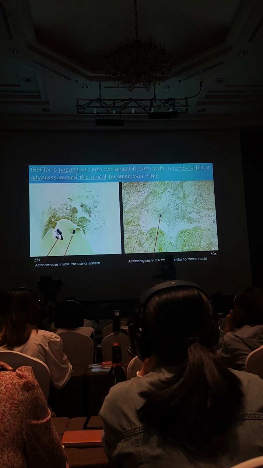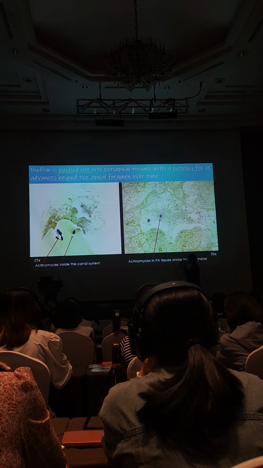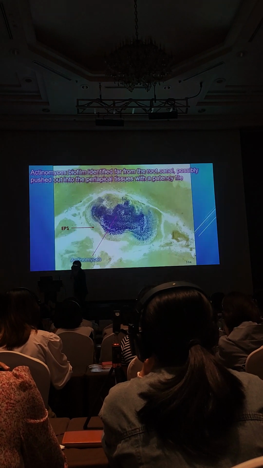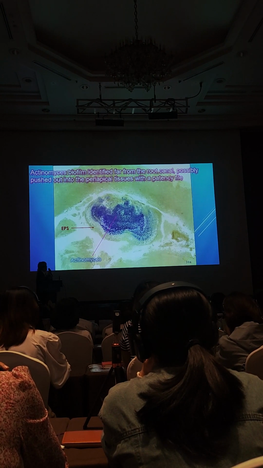So this is a study done by Domenico Ricucci from Italy. He found Actinomyces inside the root canal, but he found exactly the same Actinomyces in the periapical tissues, pushed by the instrument that you used. And Actinomyces will form biofilms. And this is EPS.